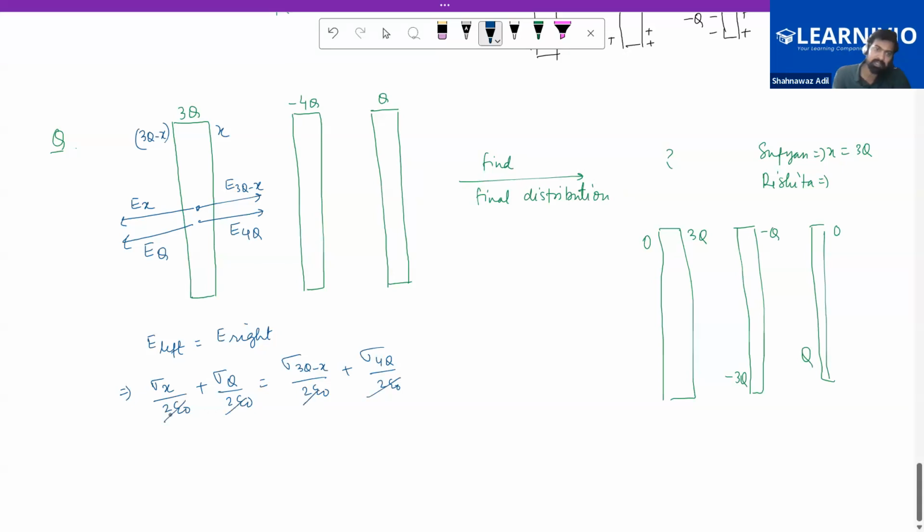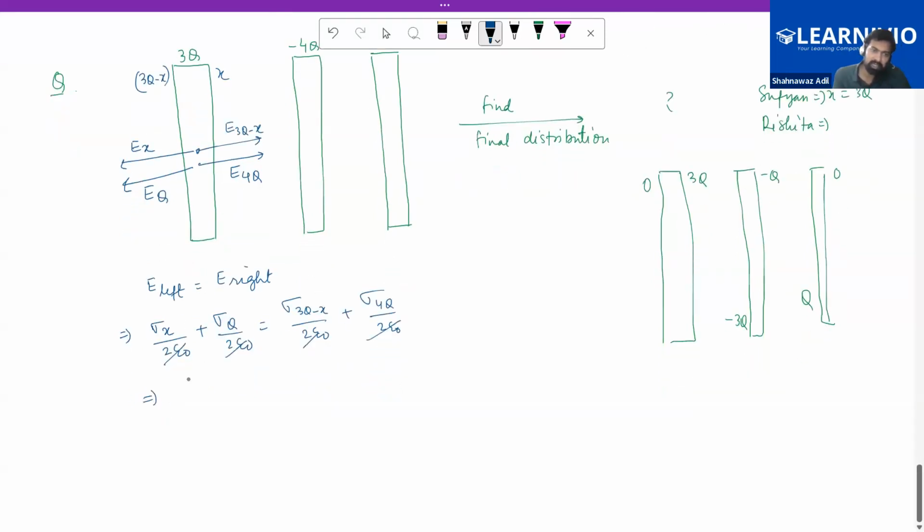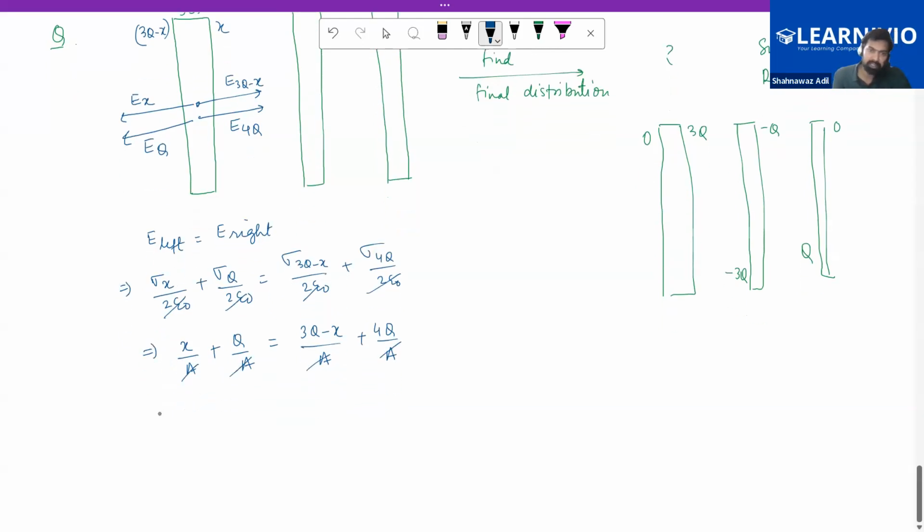All these cancel out. So this is X by A, this is Q by A, this is (3Q minus X) by A, this is 4Q by A. All of these cancel out. And what do we have? This is 2X, and then this is 4Q plus 3Q minus Q, that is 6Q. So X is 3Q. Yeah, you are absolutely right. So this would be the distribution.